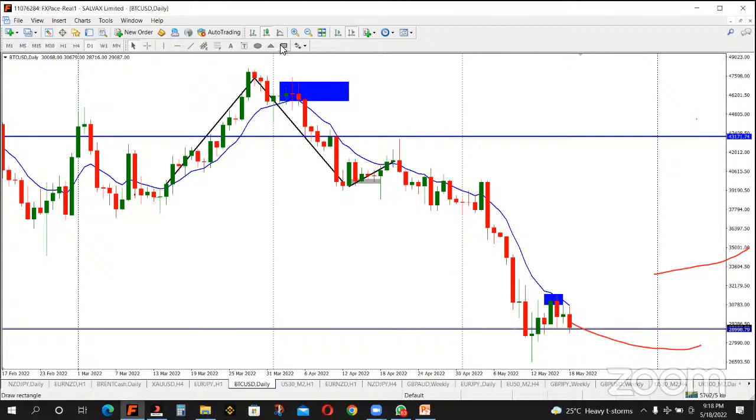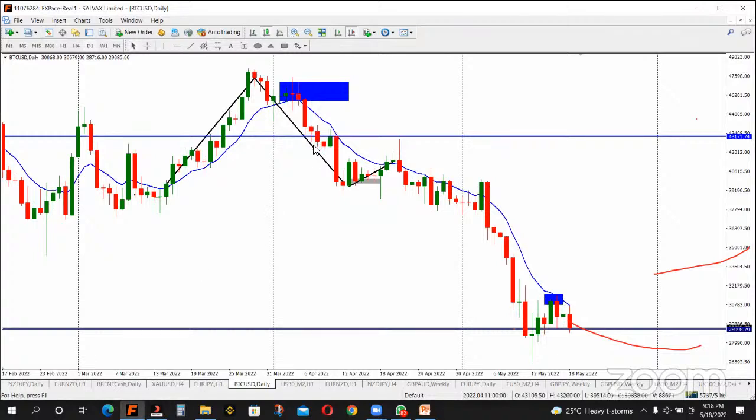The market is selling. So what will you do? Look for opportunity to sell. And when you sell, as long as price is below the moving average, wait for price to come and touch the moving average. If it touches it and is below it, enter the market for a sell. You will be gliding well.